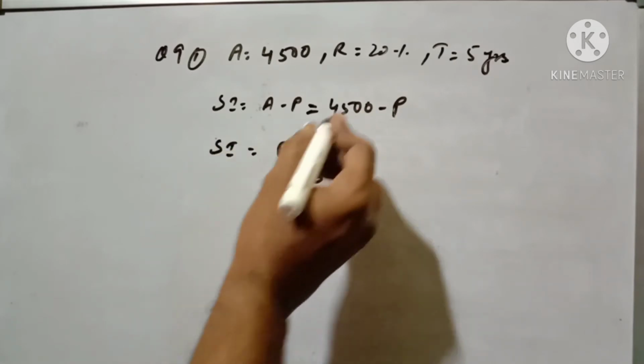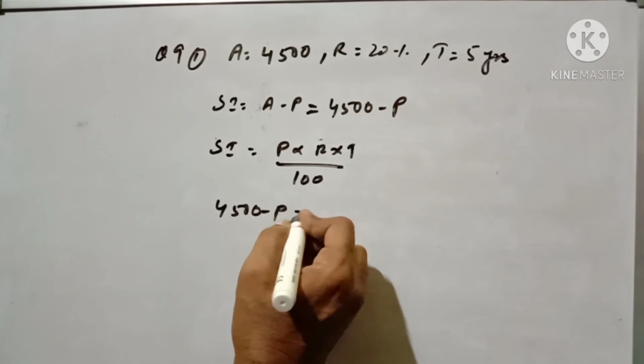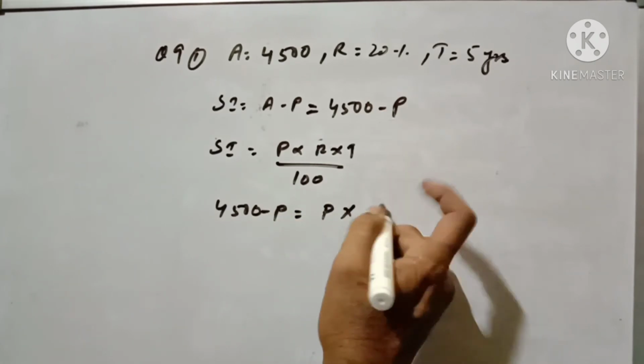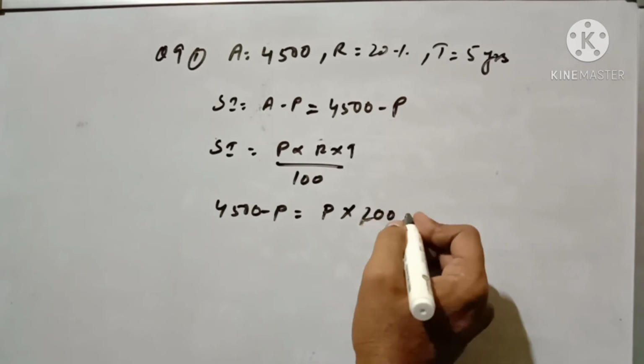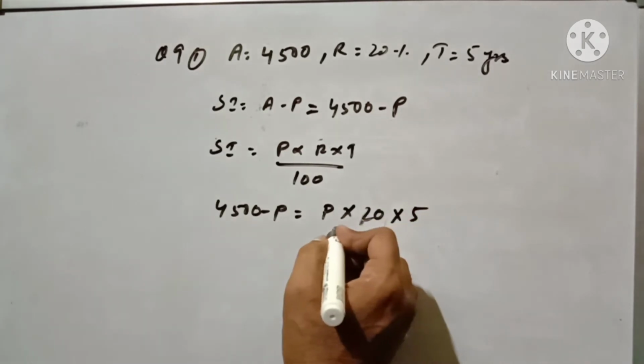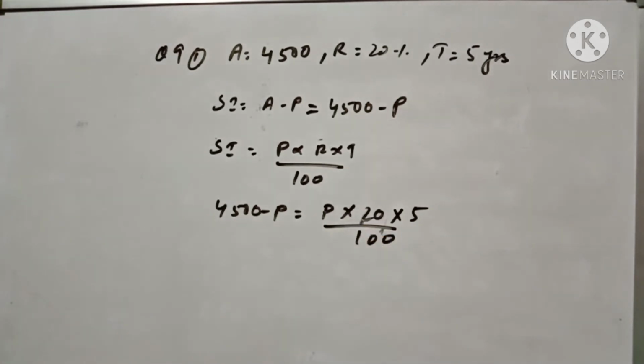So SI I have taken out: 4500 minus P equal to P into R, which is 20%, into time, which is 5 years, by 100. So multiply.